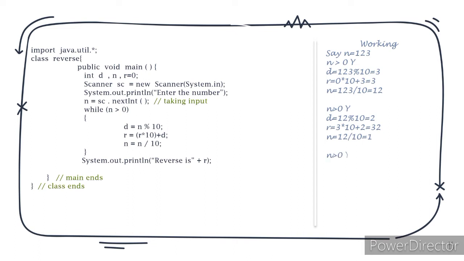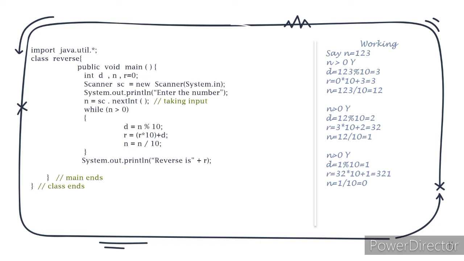The number reduces to 1. We repeat the process. I'll get the next digit as 1. The last value of r I got is 32, so 32 into 10, that is 320 plus 1 is 321. And the number reduces to 0. So you can see we started with n as 123.